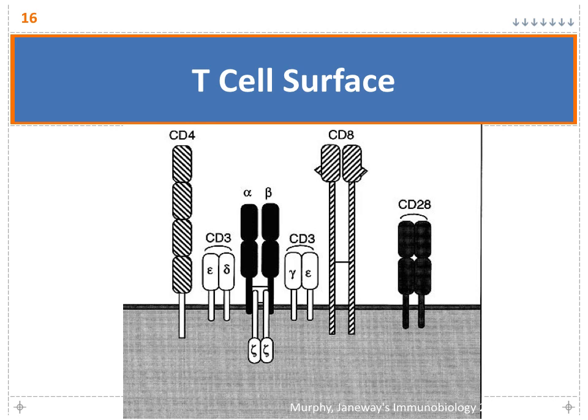Now, some cells have CD4, as I mentioned, some have CD8. And in addition, there are other CD molecules like CD28. The reason the T lymphocyte is able to recognize antigen is because of the T cell receptor.